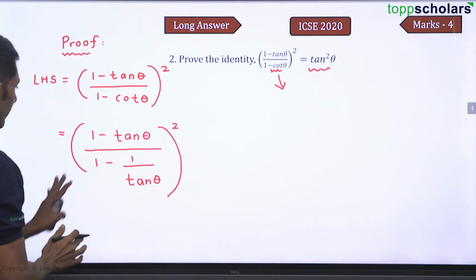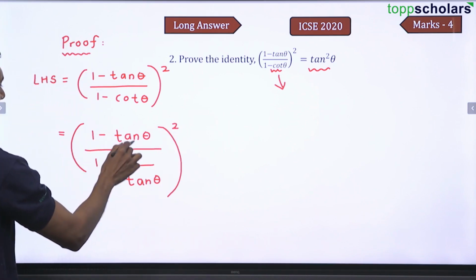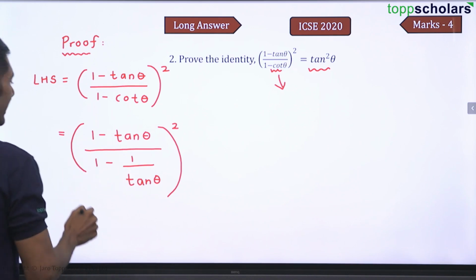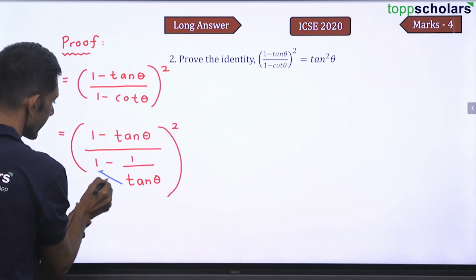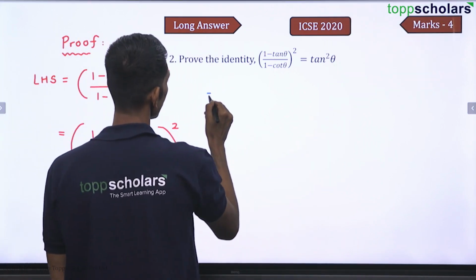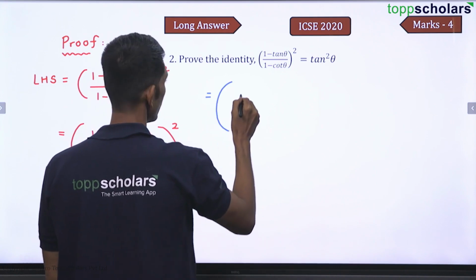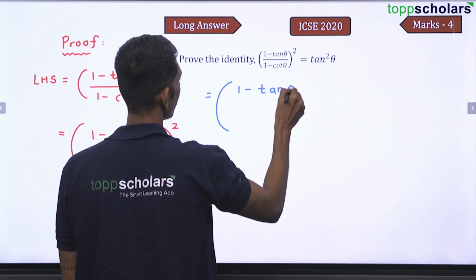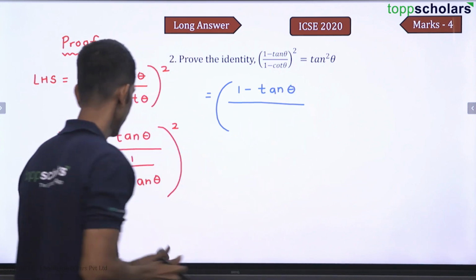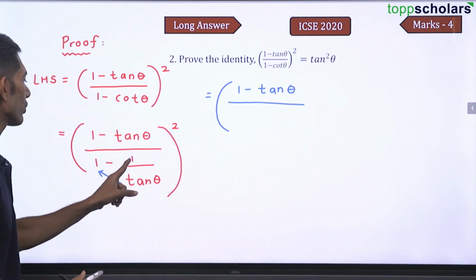So can I write this further as 1 minus tan theta by tan theta minus 1. Understand this, I am just taking the LCM here. So this is further equal to 1 minus tan theta by tan theta minus 1 by tan theta.